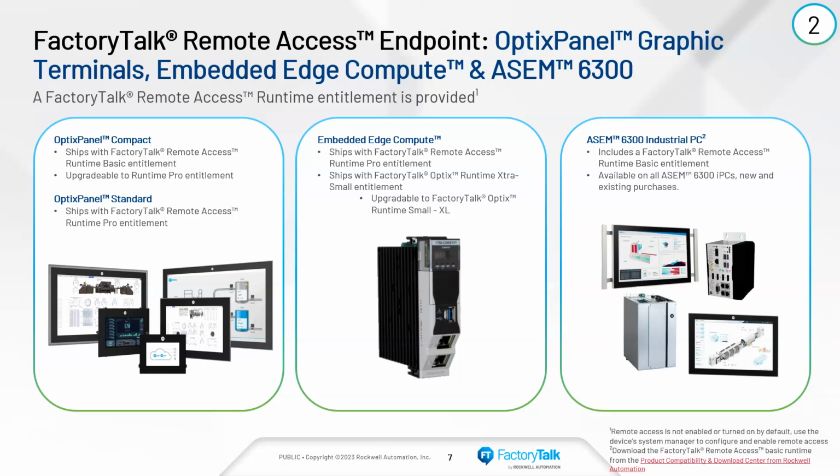Now, it should be noted that in all cases, the remote access endpoint runtime software is included and the entitlement is included, but you do not have to enable or use remote access, of course. That's completely up to your choosing. But they are, again, remote access enabled and ready, if you choose to enable them.